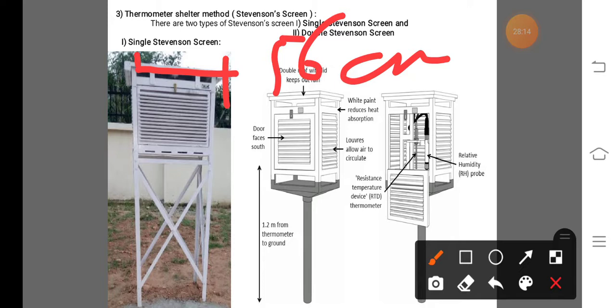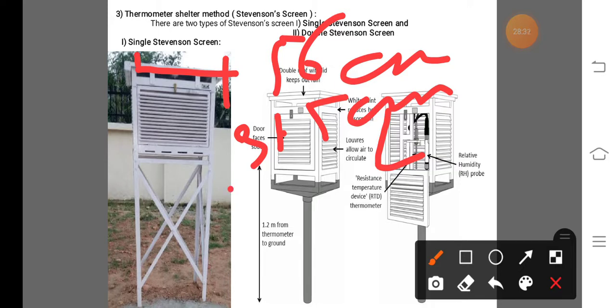The width or depth, that means the internal depth or width of this single Stevenson screen, is 31.5 centimeter, and the height is 41.2 centimeter.